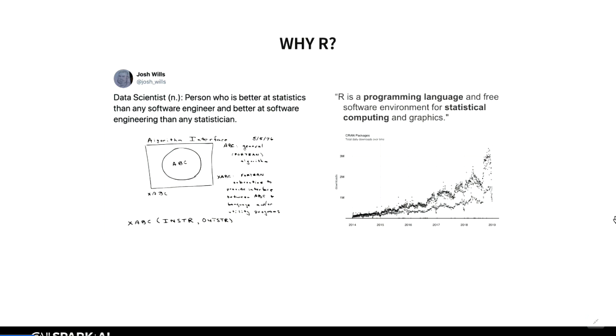What this diagram on the bottom left is showing is a diagram from Rick Becker, who presented it at useR! 2016. Basically it shows that R was intended from the very beginning to be what they called an interface language. So it was supposed to be a language that makes your life easier and allows you to interface with multiple systems.